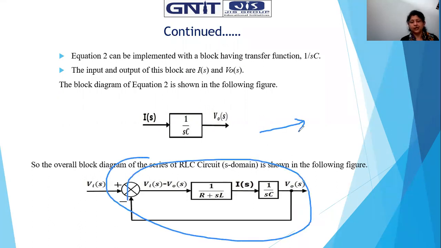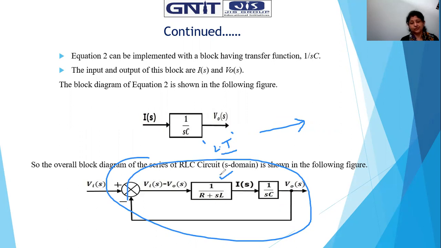That means you have mapped the circuit into the block diagram. So in a simple manner, you have converted all the integral differential equations into linear algebraic equations, because you are using the Laplace transformation, very interesting and simple to represent all those things.